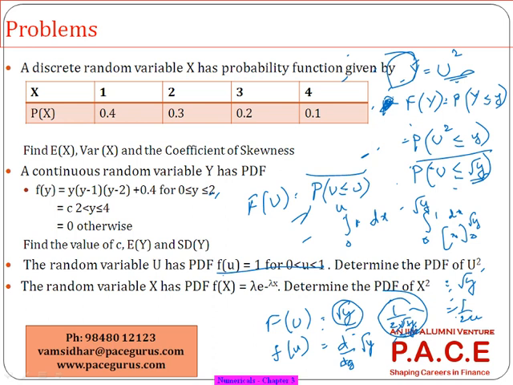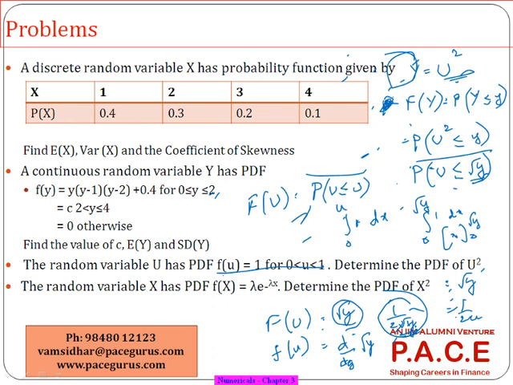We have to find this out. If it is a small f, it is a PDF. If it is a capital F, it is a cumulative distribution function. So what we are doing is taking both functions to the cumulative distribution level first. Here we find the cumulative distribution function of u by integrating from 0 to u whatever the density function is.